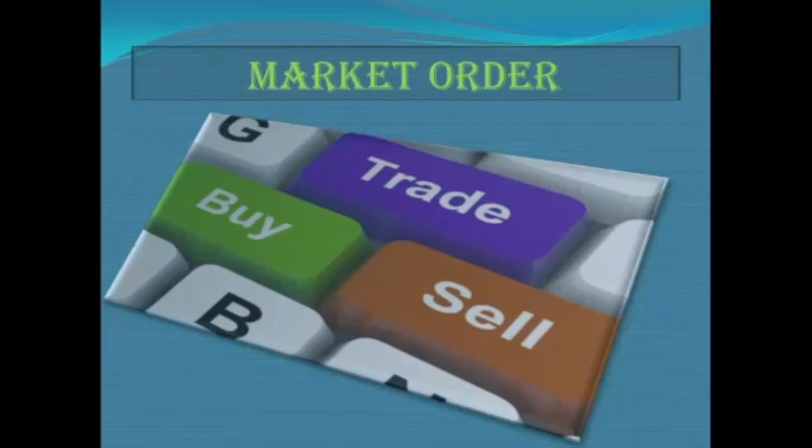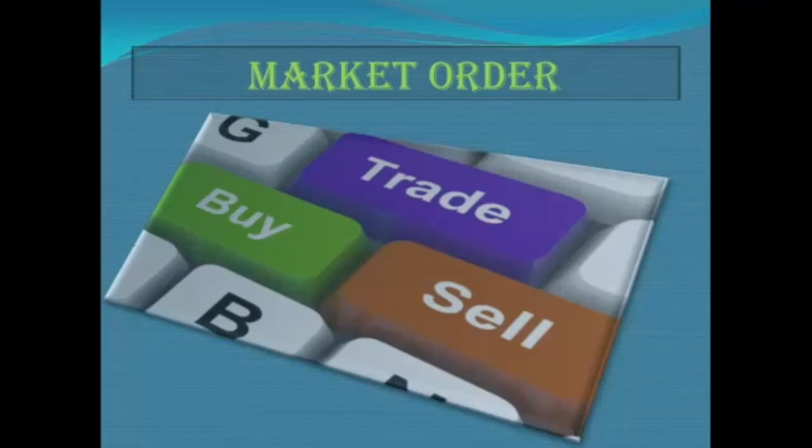Now for example, the bid price for EUR/USD is currently at 1.2140, and the ask price is at 1.2142. If you wanted to buy euro at market, it would be sold to you at the ask price of 1.2142.